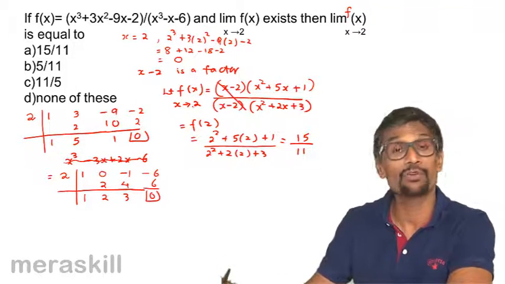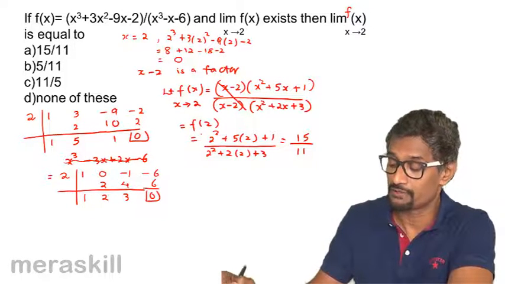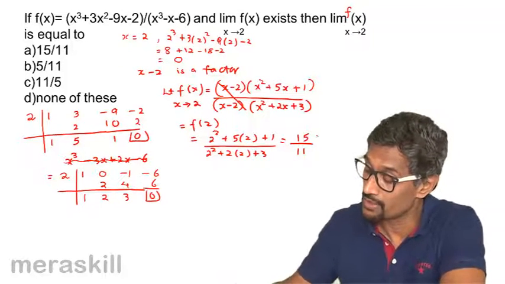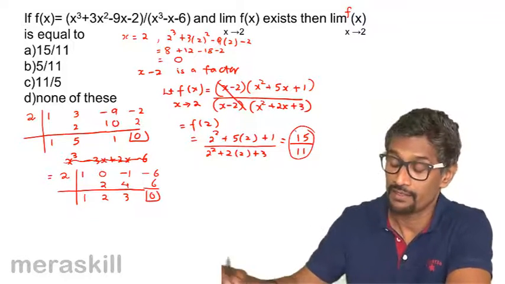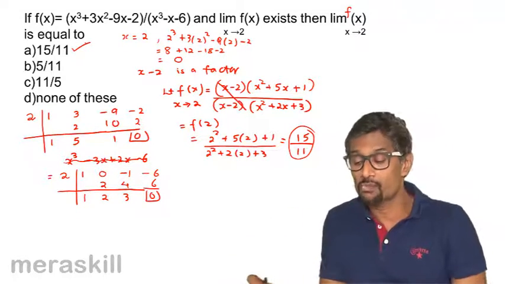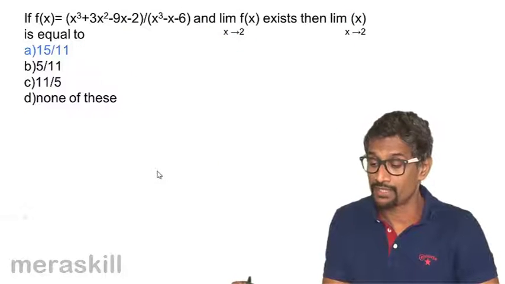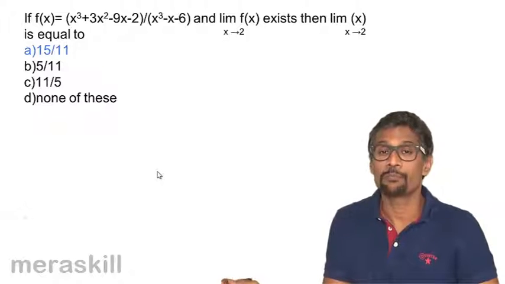So the value of this particular limit, which is the same as the value of the function at x equal to 2, is 15 upon 11. So in some cases you may have to perform synthetic division and find the factors. Yes, we do get it as 15 upon 11.